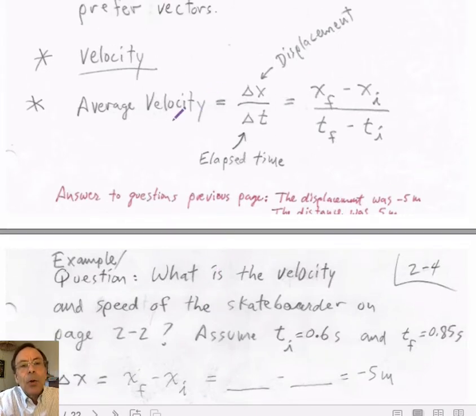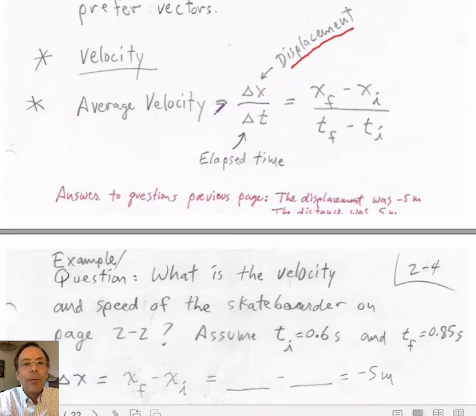Okay, so now our delta x has been upgraded. I realize that it's the same notation. It's also delta x, but now this is the improved delta x, which we're calling the displacement, and so it takes into account direction.